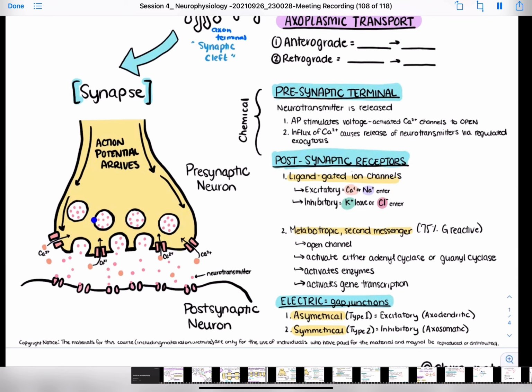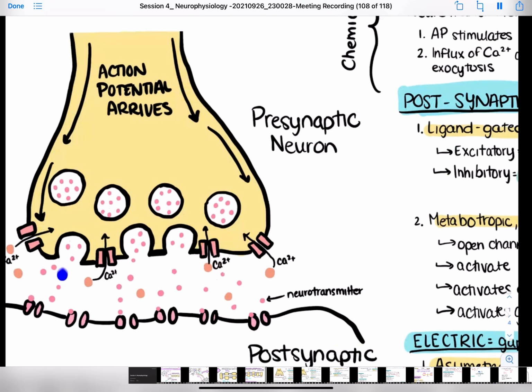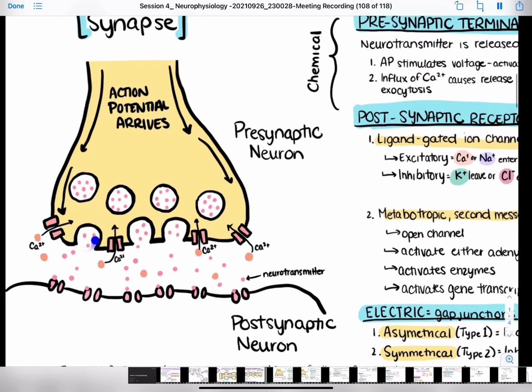So it comes in here, and then this calcium is like, yo man, let me push out the neurotransmitter for you, right? Because calcium, I think of like muscles and stuff. So I think of calcium comes in and muscles out the neurotransmitters. So as this comes in, it pushes the vesicles out, and these vesicles are full of neurotransmitters.